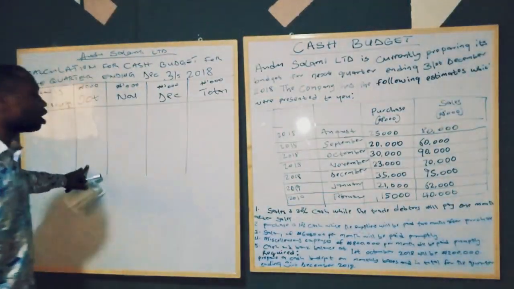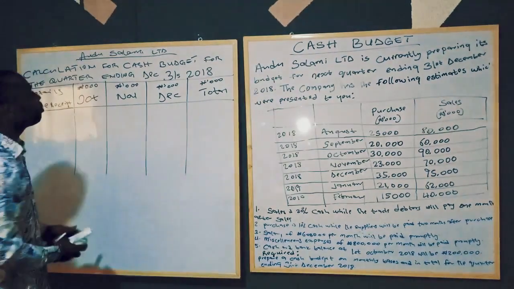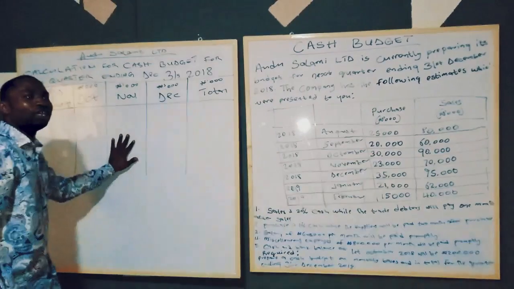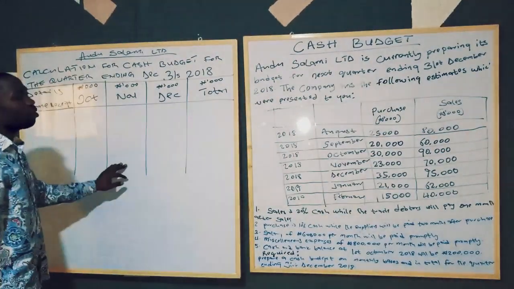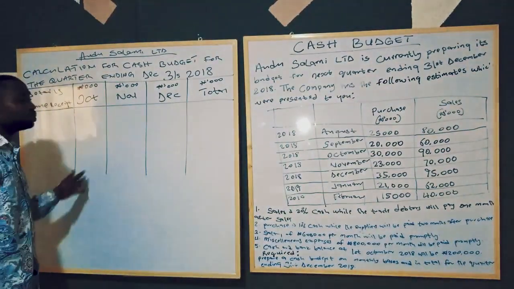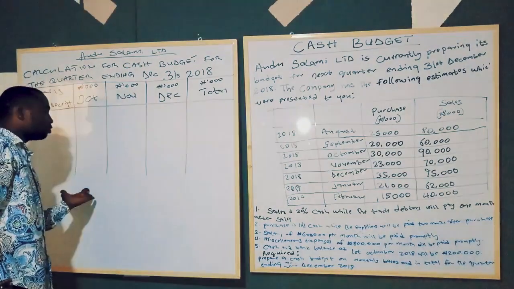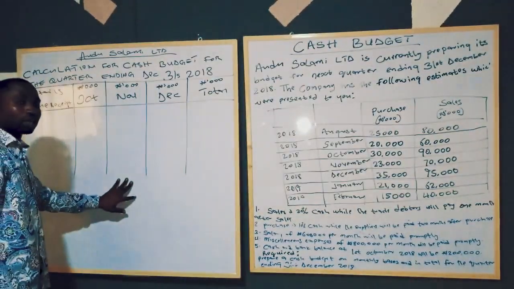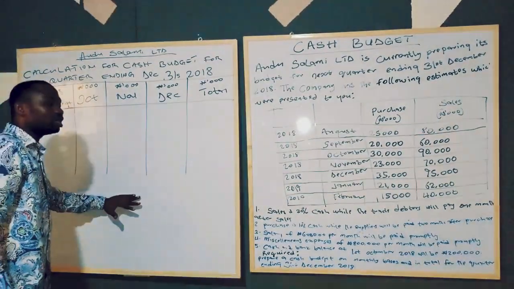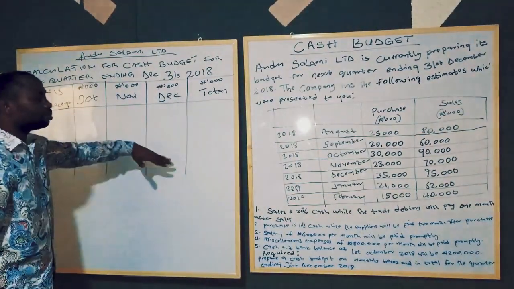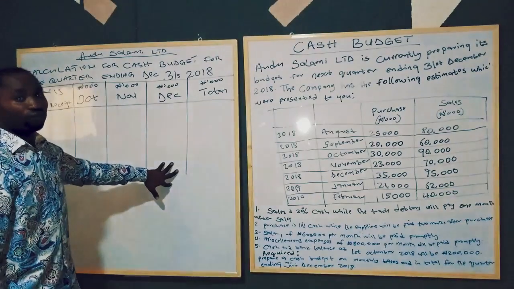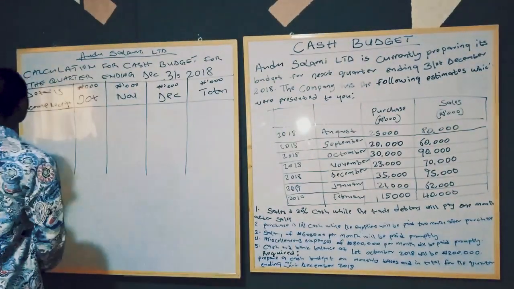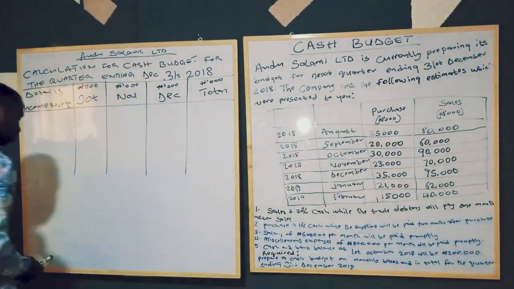Then our balance brought down for October will be our balance brought forward for November. That is, the net cash flow for November will be added to the balance brought forward, which is the balance brought down from the previous month. It will be the balance brought down for this month also, and it will now be the balance brought forward for the next month. So we are going to start the calculation now from the income.